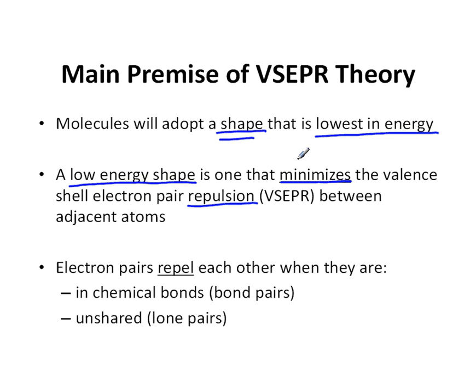and we'll see how that works in a few minutes. There are 2 ways you can see electrons paired up and how they repel one another. We know electrons can be found in 2 spots in our diagrams. When we drew our Lewis diagrams, there were chemical bonds. We call those bond pairs, or you'll see the notation BP for short.